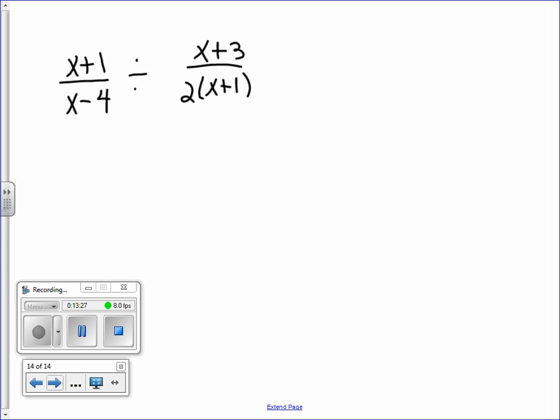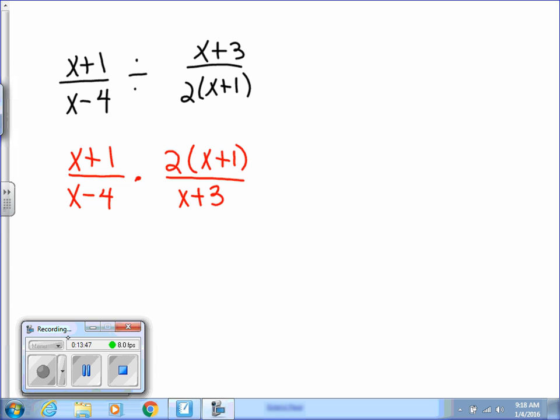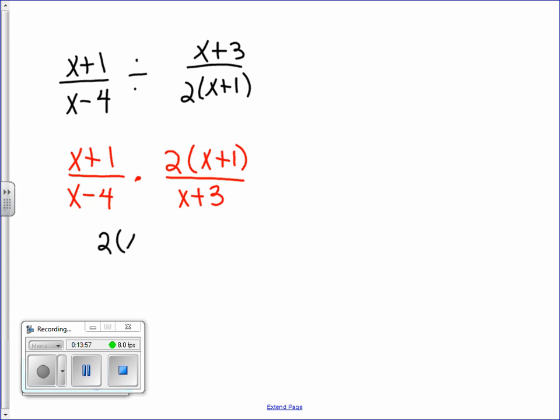What's going to happen there? Anything cancel now? No, nothing cancels. Have 2 times x plus 1 squared.